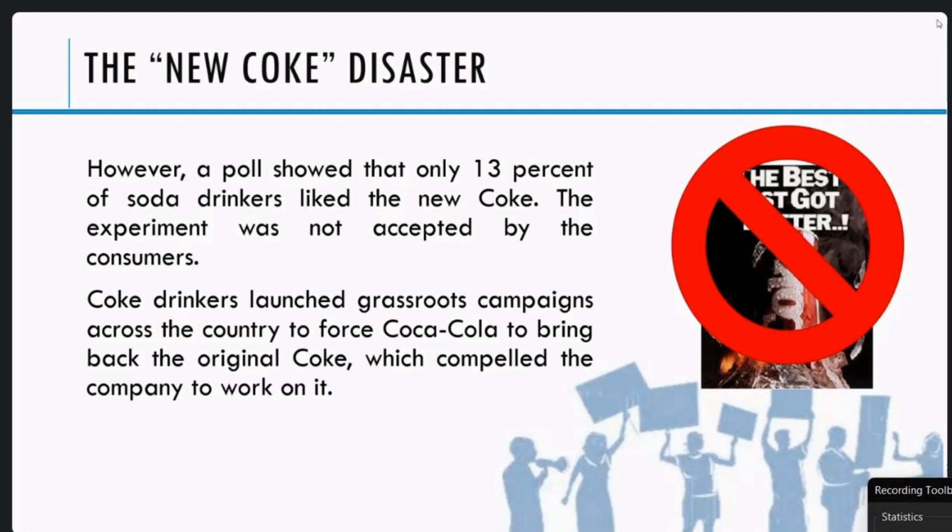You see how much attachment the Coke drinkers was having with the previous Coke. So they launched the grassroots campaigns to bring back the original Coke. And what happened? Coca-Cola was compelled to work on it. That means the previous Coke was compelled to come in the market.